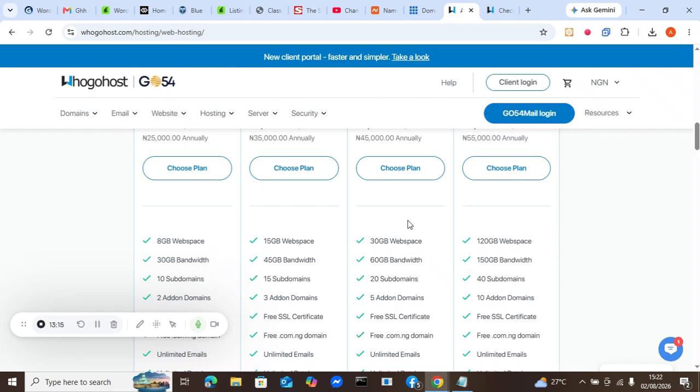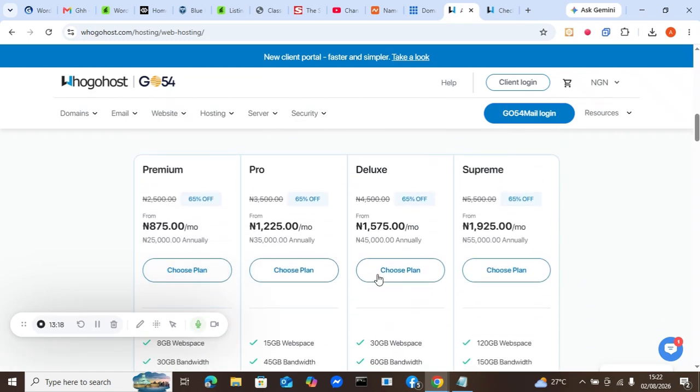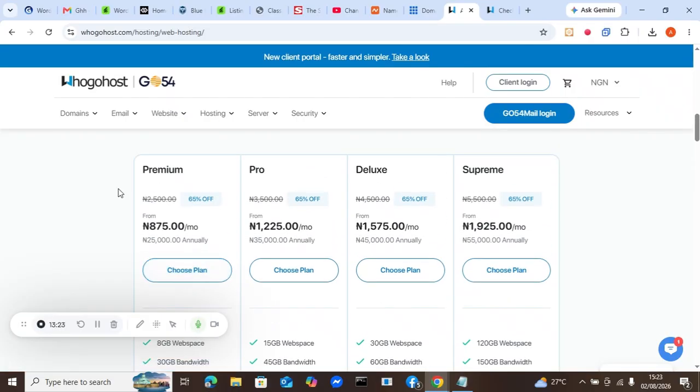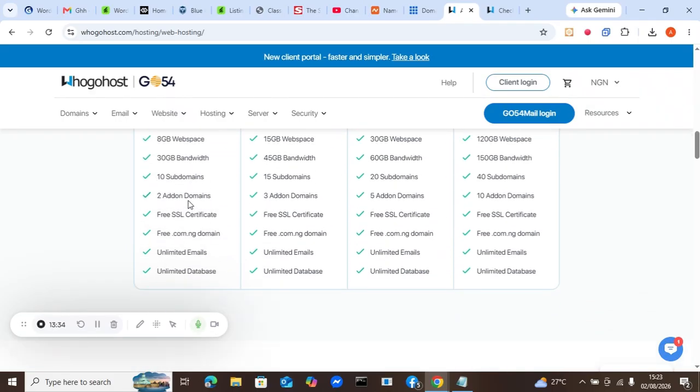They have different hosting services. This one is 875 naira per month, and these are the web spaces that they offer. These are different services that come along with them. There are some of them that you would understand now, but we are going to explain them in further classes.